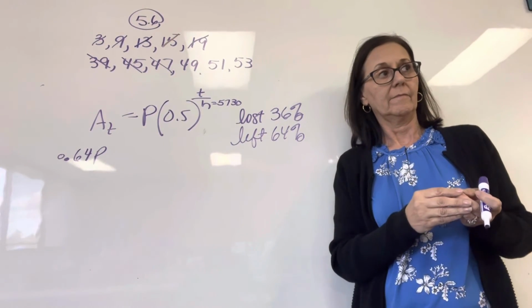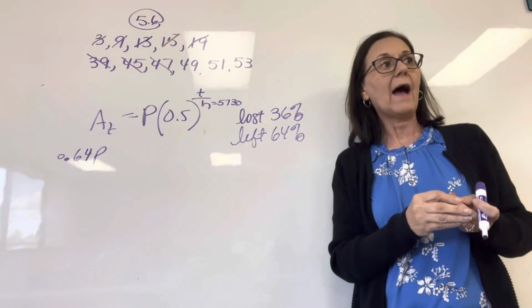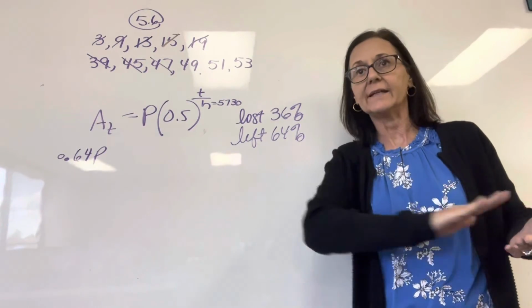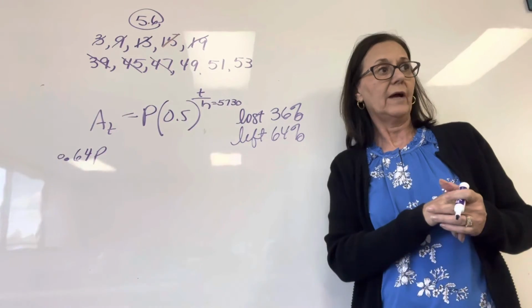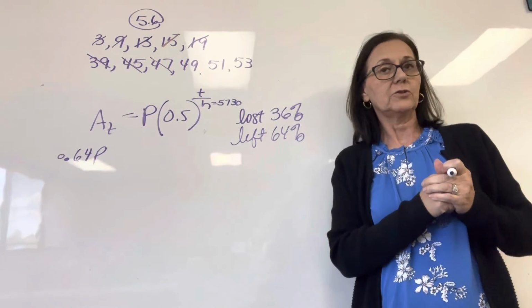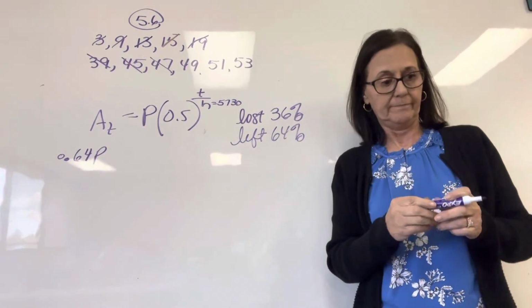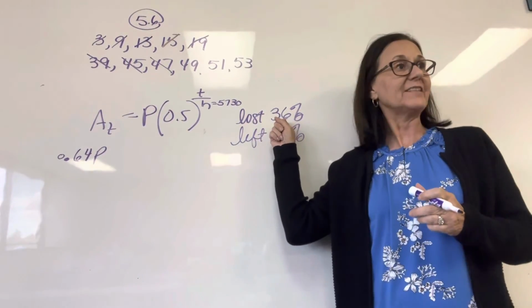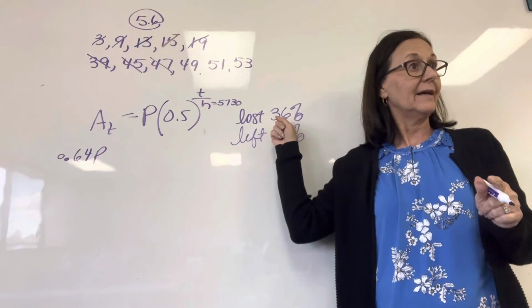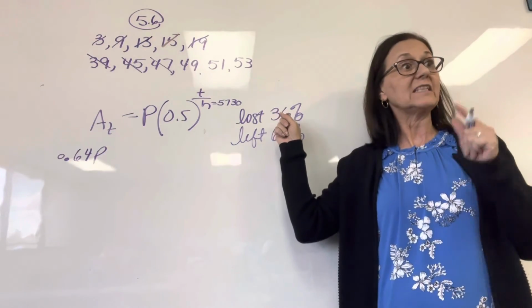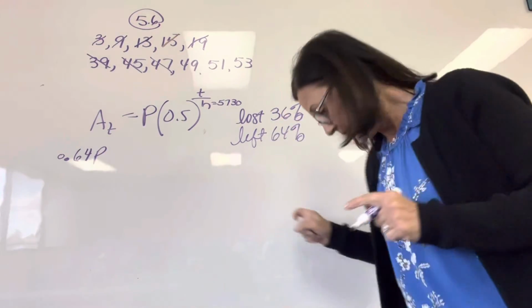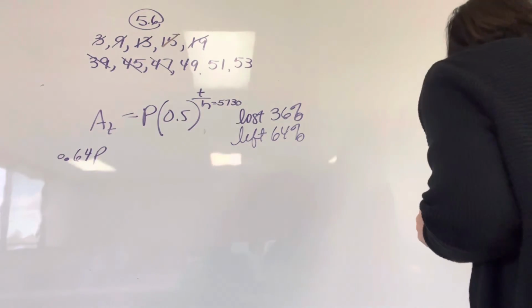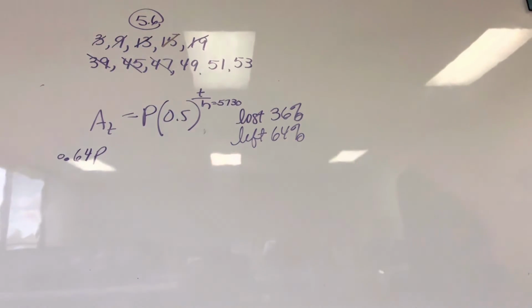How old is it, from the day it died to now? So should it be greater than or less than 5,730? Less, because it's not been half the time. It's not been 50%. So my years better be less than 5,730. Do you see that? Got it?